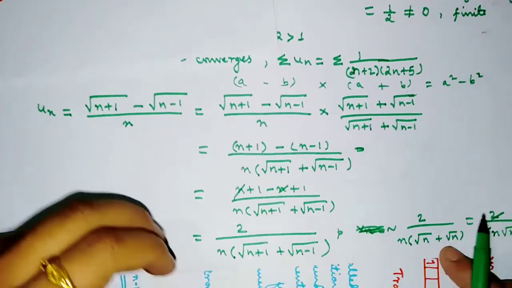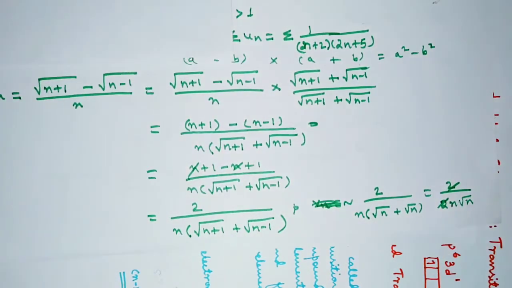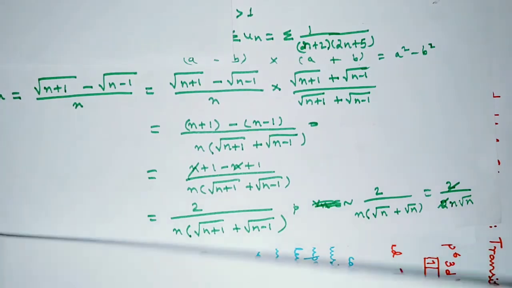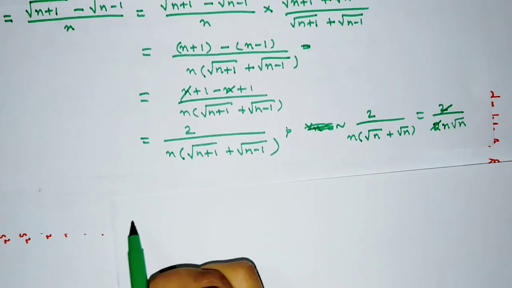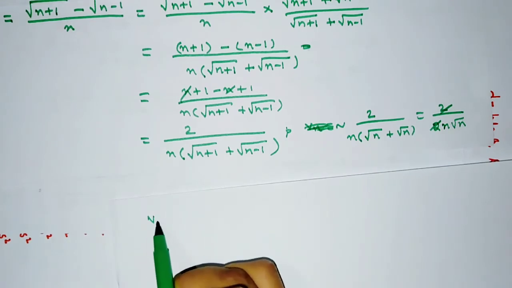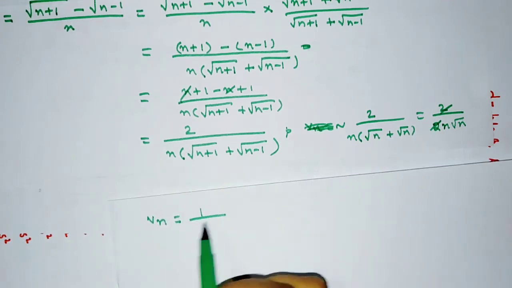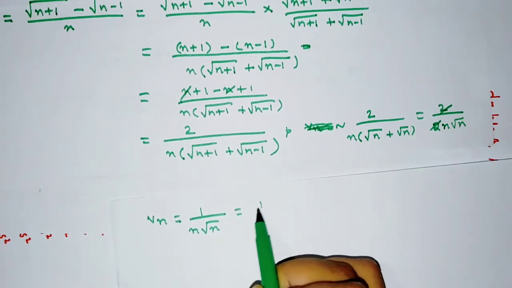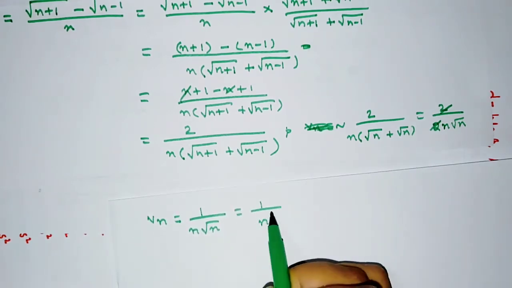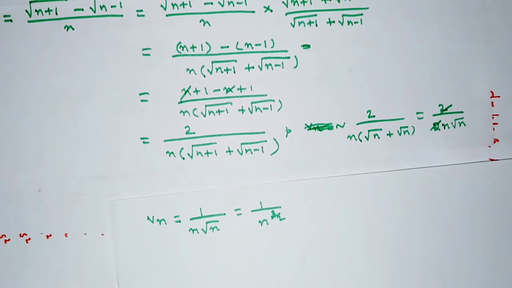So from here our Vn is 1 upon n root n. This one is nothing but n to the power 3 by 2.